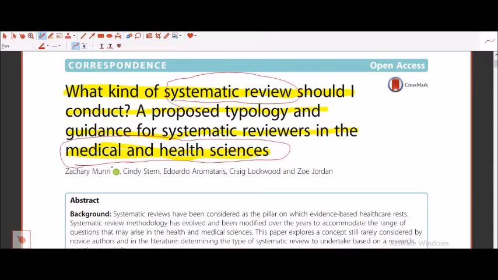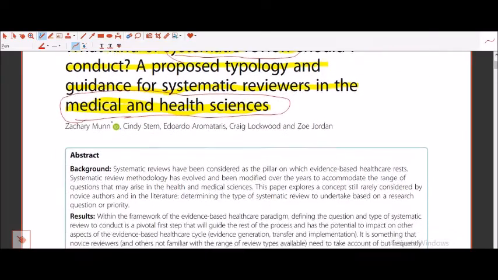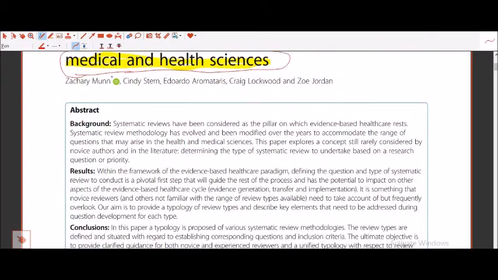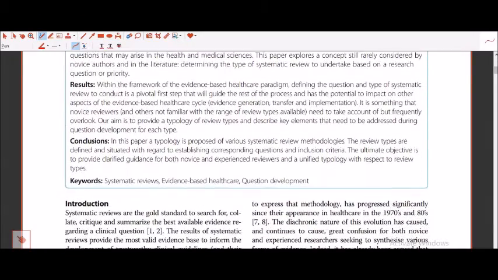Now, the importance of this paper is not to focus on the words medical and health sciences, as you can see here. However, it is to know how the systematic review you are going to do should be done, and here certain schemes come in.